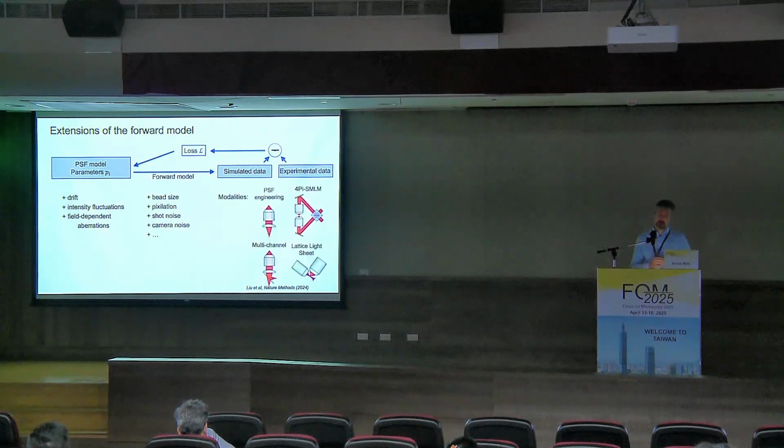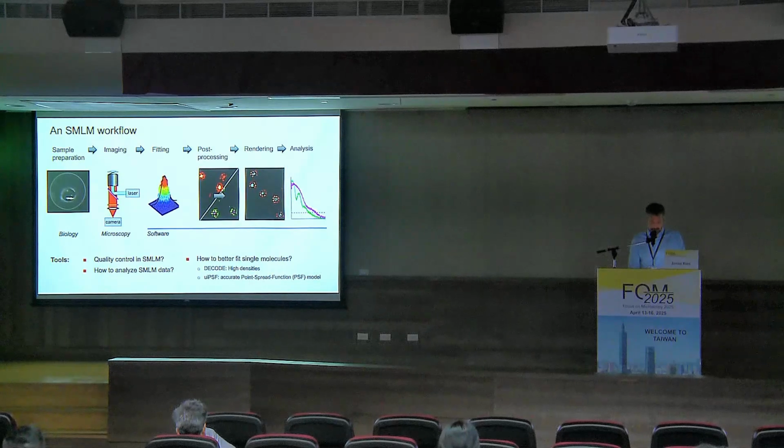Also, it allowed us to extend this modeling for different microscopy technologies, point-spread function engineering with astigmatism or double helix, a 4-pi microscope where one detects at 4 channels simultaneously, multi-channel localization microscopy where we can also learn the transformation, or lattice light sheet microscopy. So yeah, this is, I think, something you could try out if you do high-quality 3D localization microscopy.